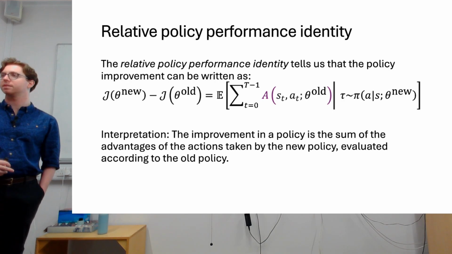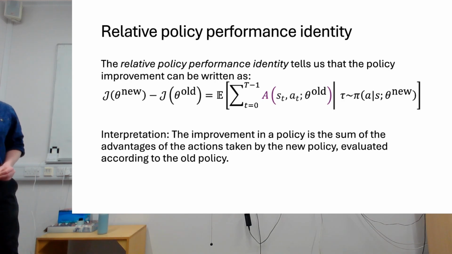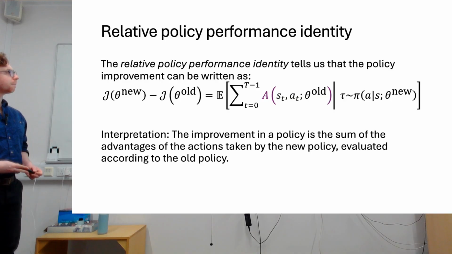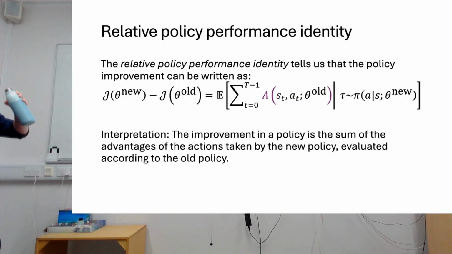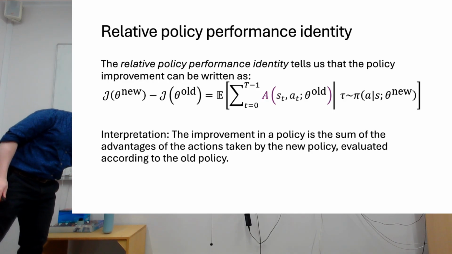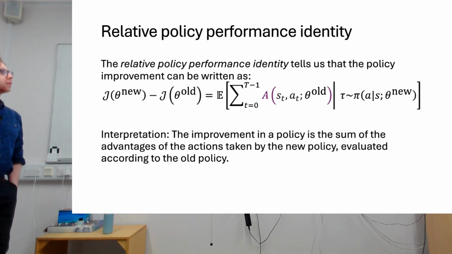It's not super complicated. Can you give some intuition why it's not inverted? Why it's not acting according to the old policy and then taking advantage according to the new policy? So the question was, what's the intuition for why it's this way around, why you sample according to new and evaluate according to old? I think it's because at each state you're asking how much do I improve upon my baseline, right?